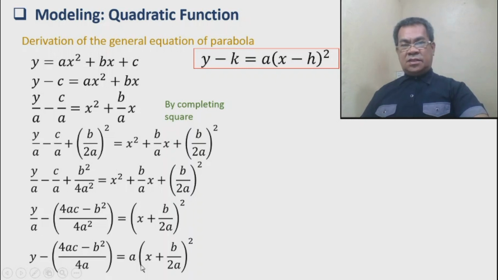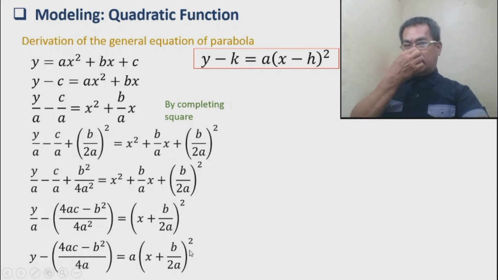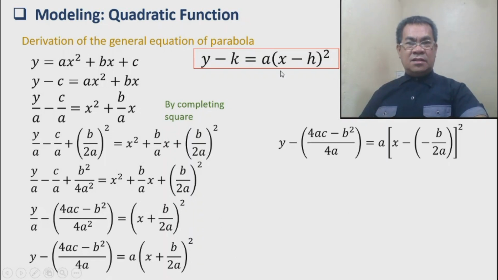Okay. So take note that this is already in the form. Look at this one, a. This is a square of a binomial, and we have y. So in this case, this is already k. Actually, this is already k. Now, because this is minus, we can use the sign preceding so that it comes up with a negative b over 2a.